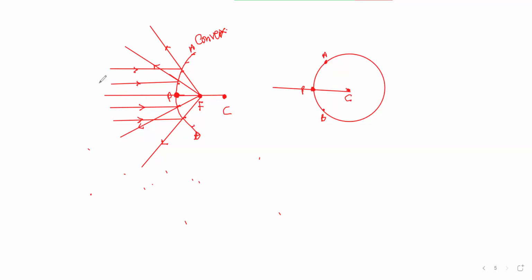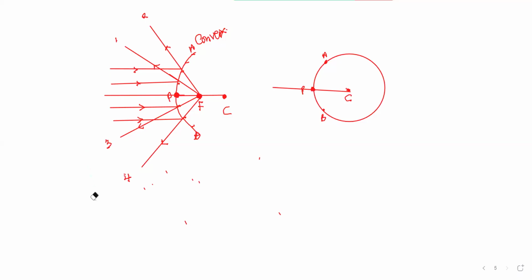When you incident a parallel beam of rays, they will be diverged. But the diverged rays always appear to be diverging from a point behind the mirror. So yes, these are 1, 2, 3, 4 diverged or reflected rays. But the diverged rays always appear to be diverging from a common point behind the mirror. This point is the principal focus of it.